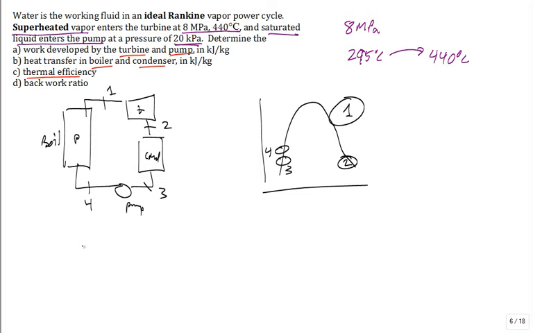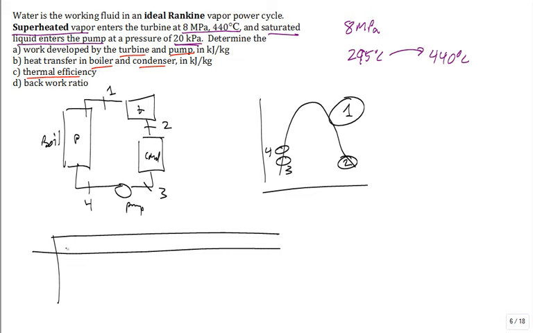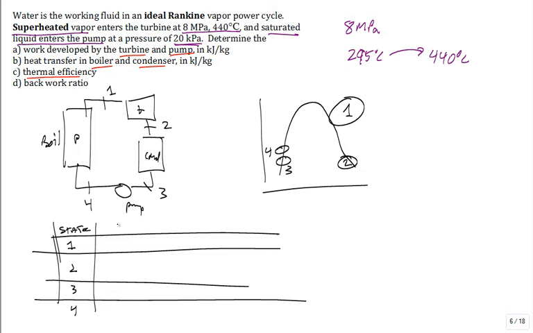I recommend we make a table of properties. Did I do that last time? Say state 1, then 2, then 3, then 4. And then I say the important properties start with pressure, kilopascal, megapascal, or bar, either one.